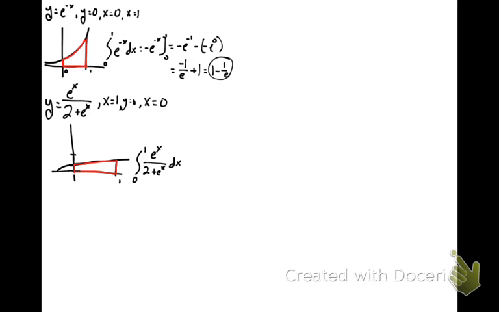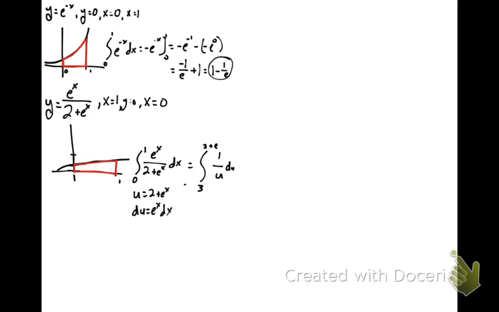Notice that in this case, if u equals 2 plus e to the x, then du equals e to the x dx. So we can use some u-substitution here. This will be the integral of 1 over u du. Our limits of integration will become, when x is 1, 2 plus e, and when x is 0, it'll be 2 plus 1, or 3.